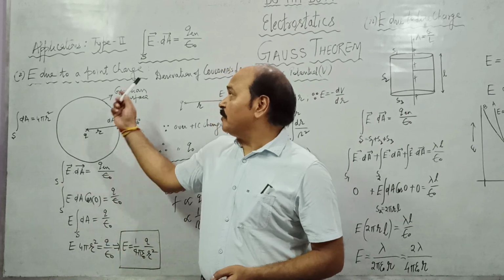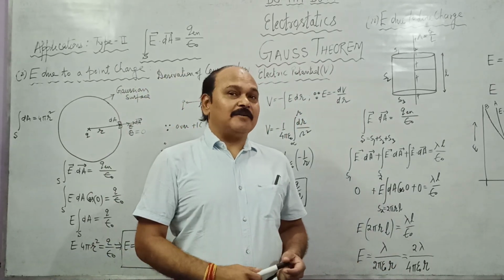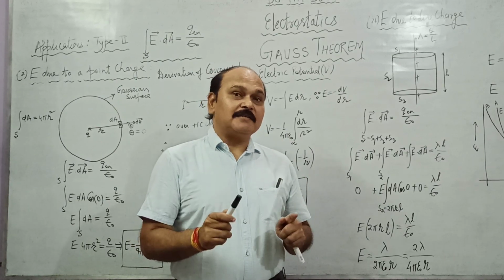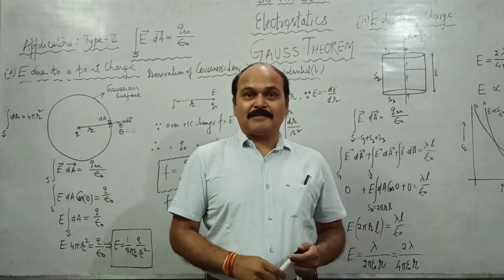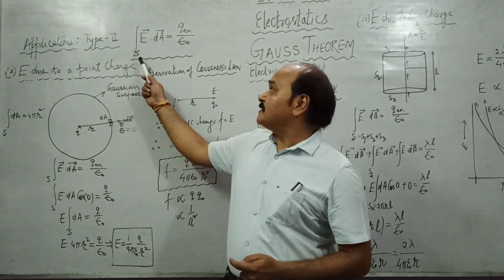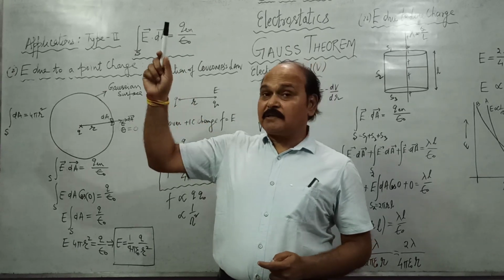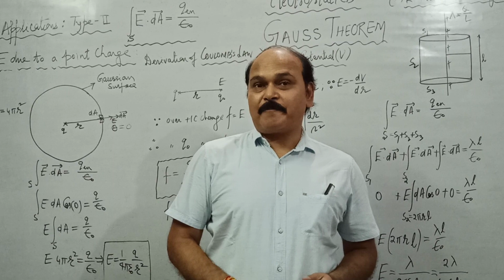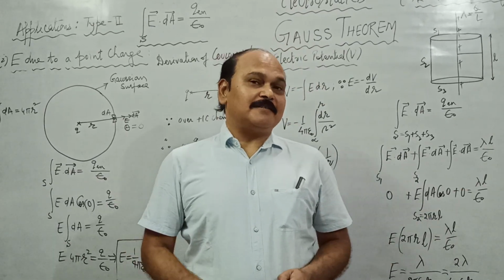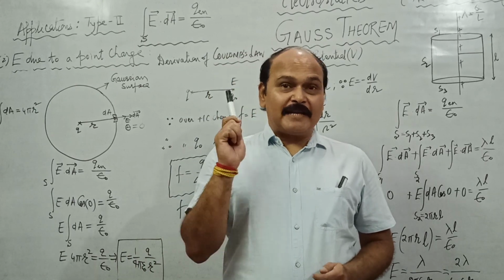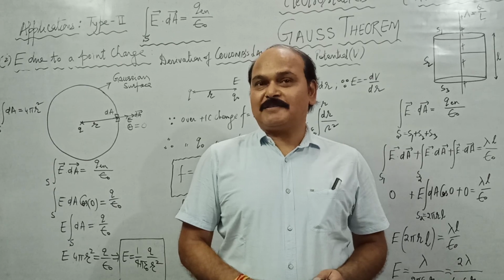Well children, in type 2 applications, when we find out electric field intensity, we combine the definition of electric flux with Gauss theorem. According to the definition of electric flux, flux passing through any surface S is the surface integral of E dot dA. As per Gauss theorem, electric flux passing through any closed surface is always equal to the ratio of net charge enclosed within the surface to permittivity of free space.